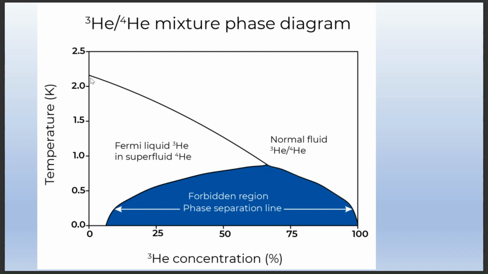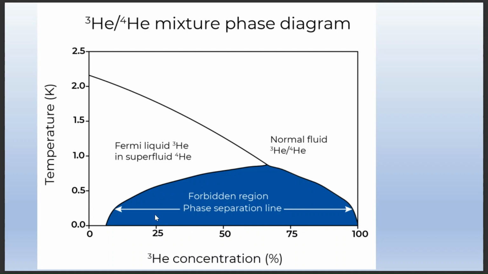As I mentioned, we use a helium-3 and helium-4 mixture in that refrigerator. As it goes down to around 800 millikelvin, there is a phase separation, so there are two phases. One is the normal fluid, the helium-3 rich phase, and there is another phase in this part. This is the helium-3 helium-4 mixture, and on the x-axis this is the concentration of helium-3.